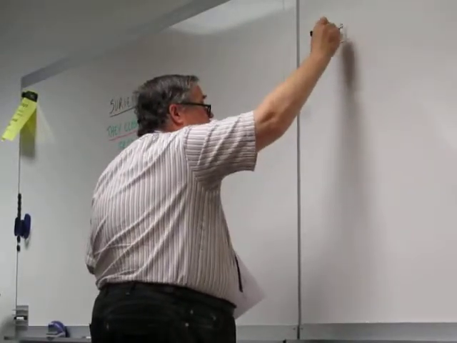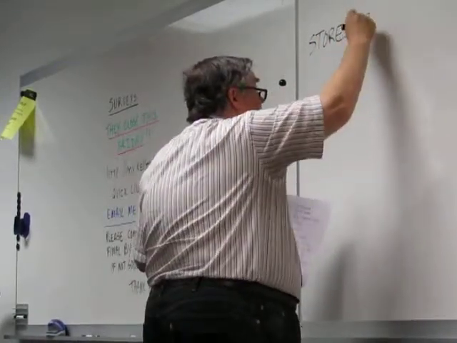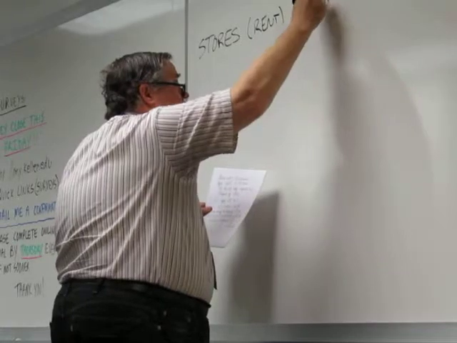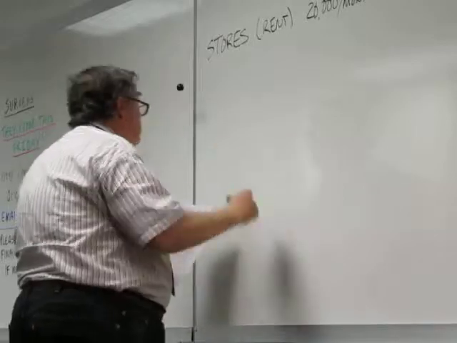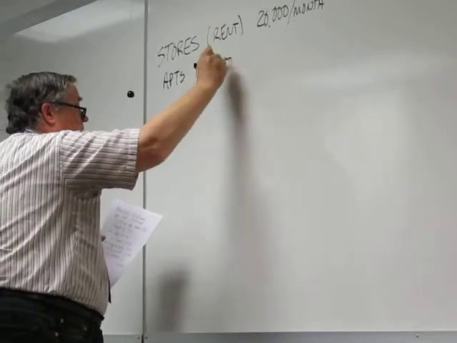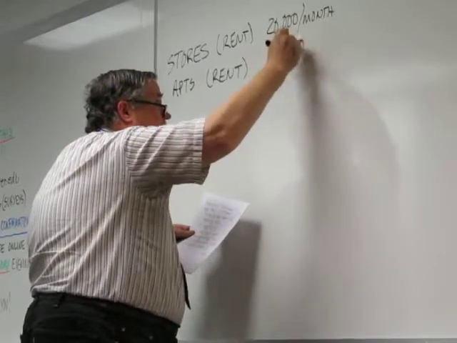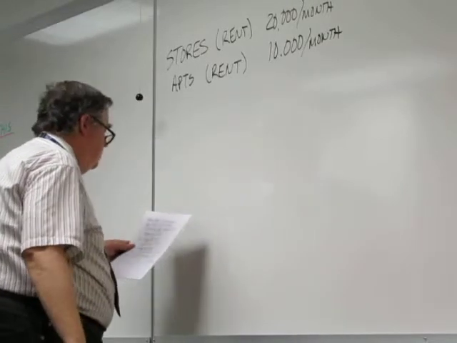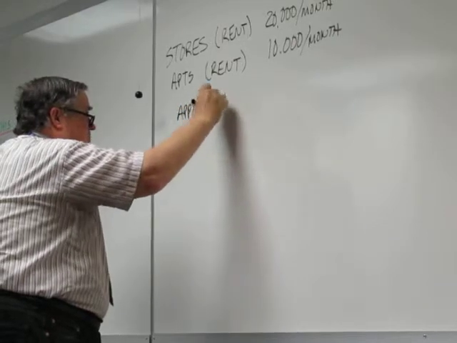Let's say we have a building with stores and also apartments. Stores, the rent would be $20,000 a month on all the stores. We have apartments, and the rent on the apartments is $10,000 a month. Now, apply the 80% test.